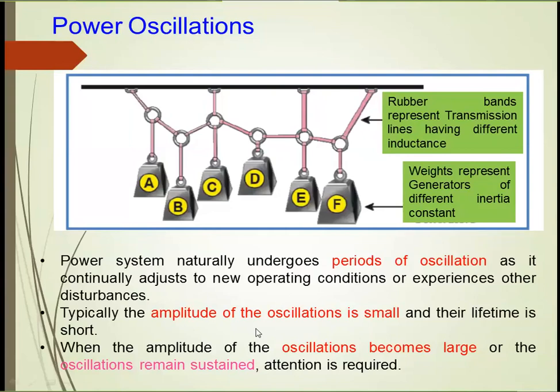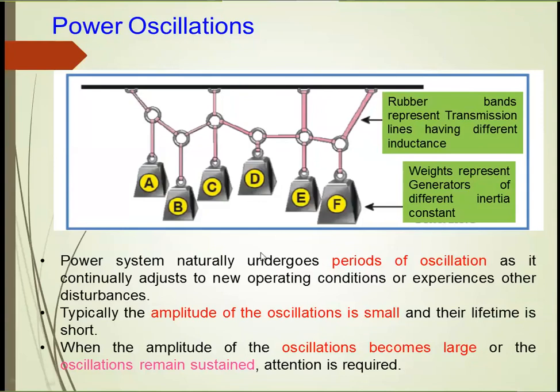So the system will try to maintain stability at the new operating point. Following the disturbance, if the disturbance applied is small, then the amplitude of oscillations will also be small, and these oscillations will decay in a short time. If you apply some disturbance on this mass, it will oscillate for a few cycles, a few seconds, and then after some time the oscillations settle down.